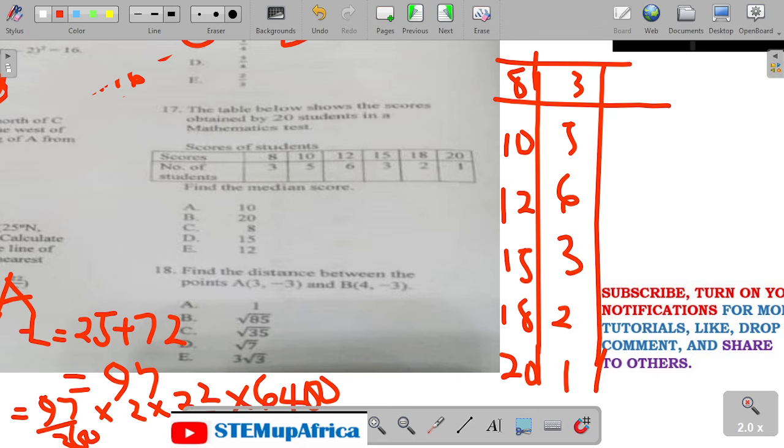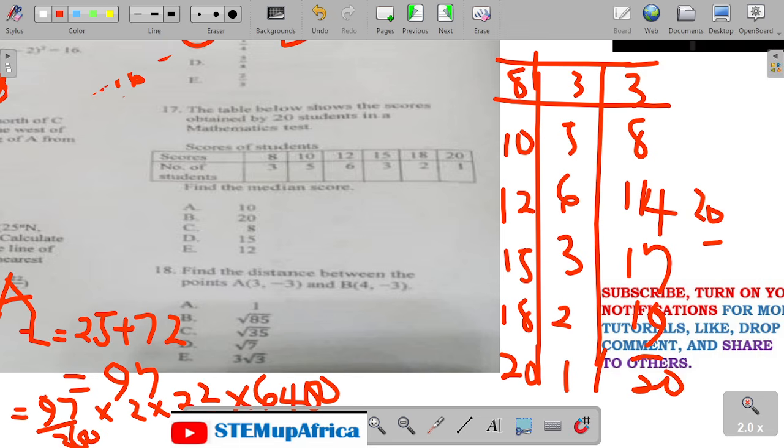I'll get my cumulative frequency: 3, 8, 14, 17, 19, 20. So 20 over 2, the middle point, is 10. 10 falls under 14. The answer is 12.